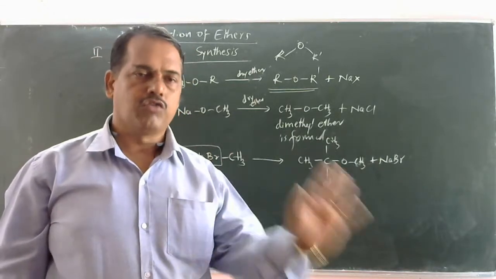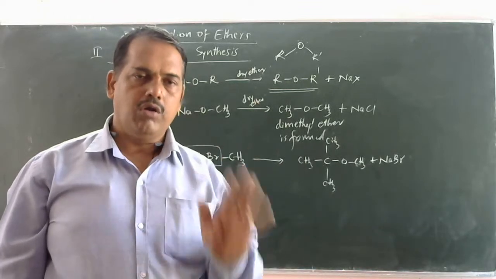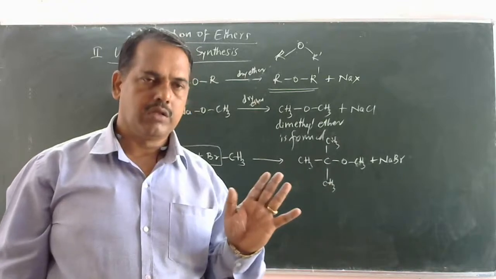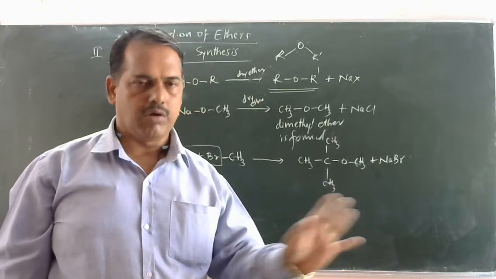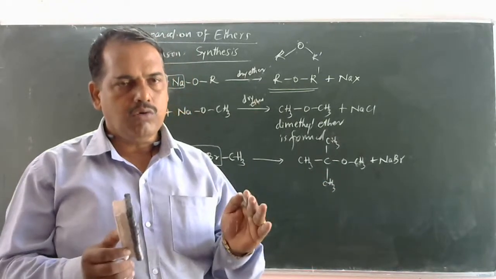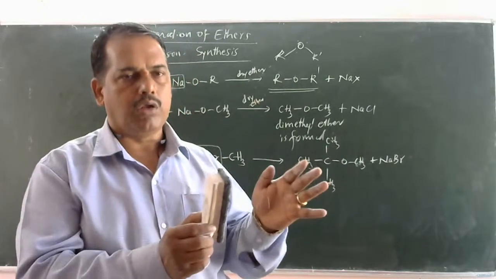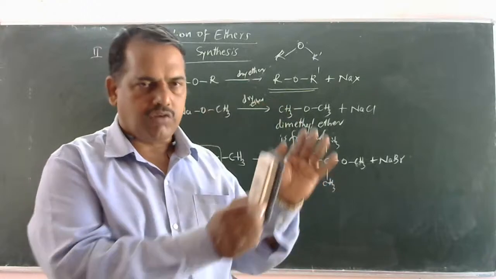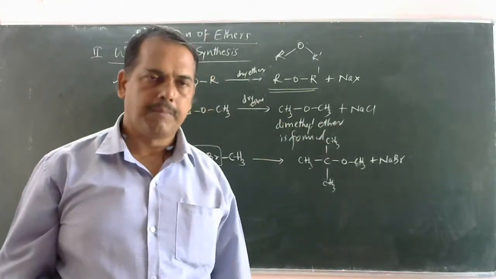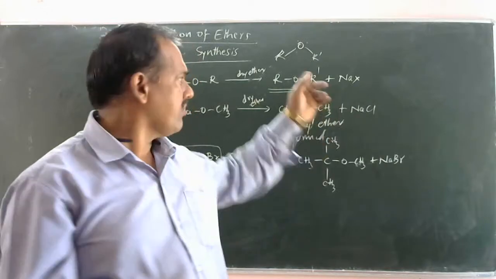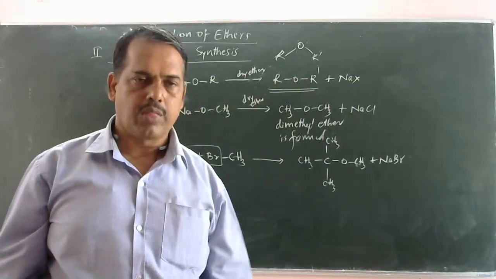Okay, go for solubility. See, alcohol and ether are miscible with water. See, how alcohol is miscible with water, in that manner the ether is also miscible in water. Again, it is due to the formation of hydrogen bonds as the oxygen atom is present in ether.